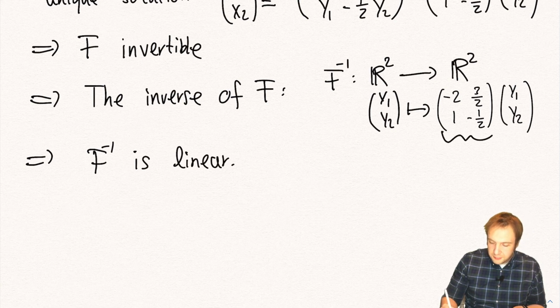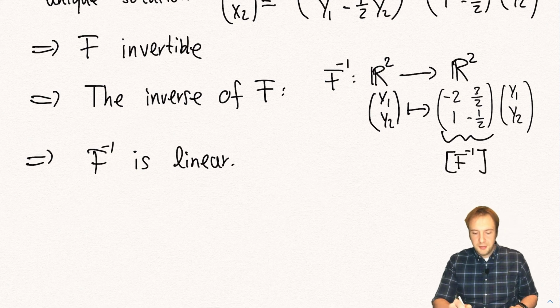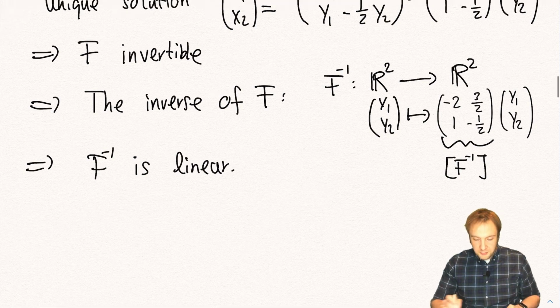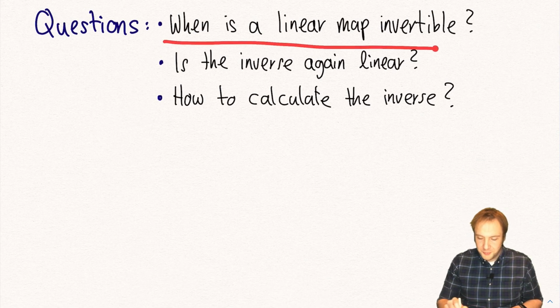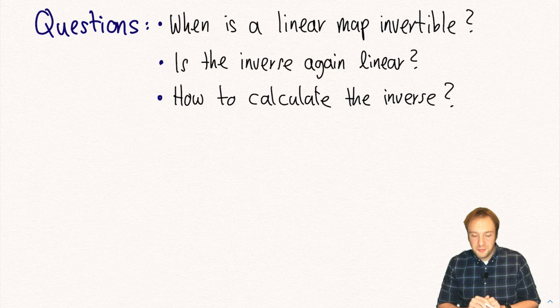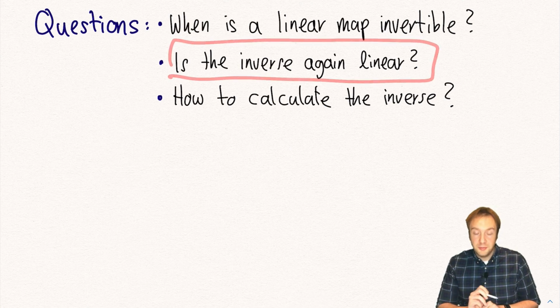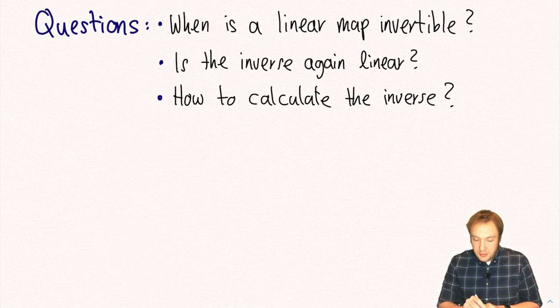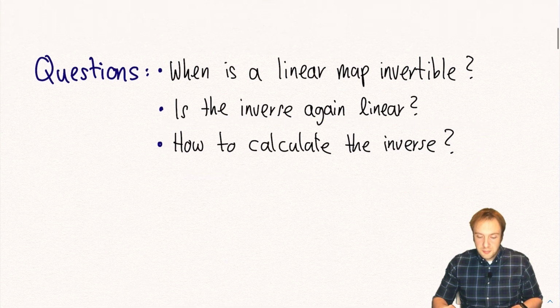And this is the matrix of f inverse. Okay, so in this case, we answered all these three questions. We checked that this map is injective and surjective, we saw that the inverse is also linear, and we calculated it by just solving this linear equation.